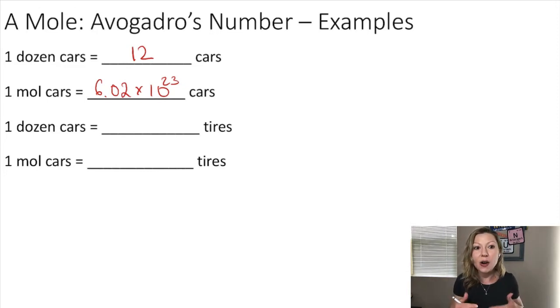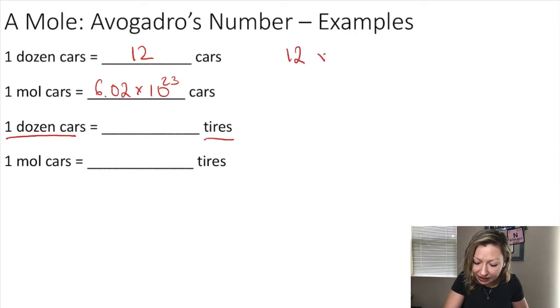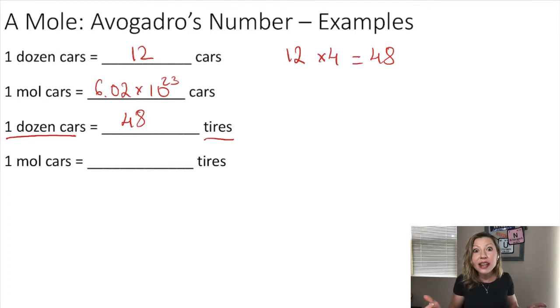Okay? All right. So if I have 1 dozen cars, how many tires do I have? We know that each car has 4 tires, so I simply take the 1 dozen, which is 12, and multiply that by 4. It's going to give me 48, so I know that I have 48 tires.